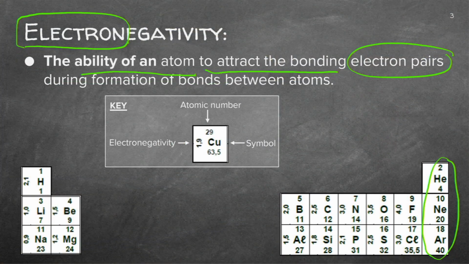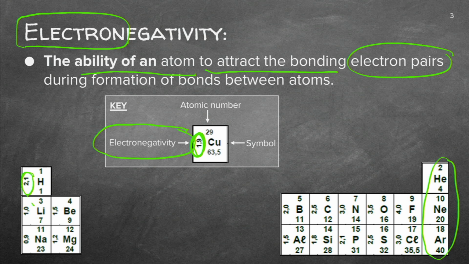So have a look at the key right in the middle of your periodic table. You'll see there's electronegativity. That number measures the ability to attract the pair. So let's have a look. Can you see 2.1 next to hydrogen?